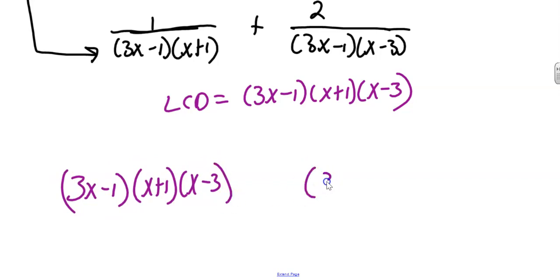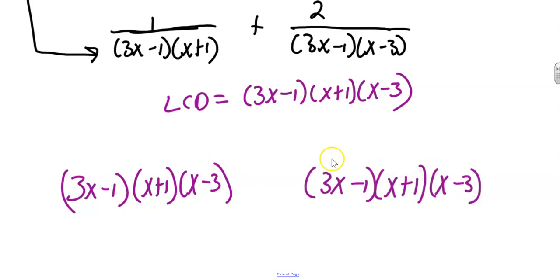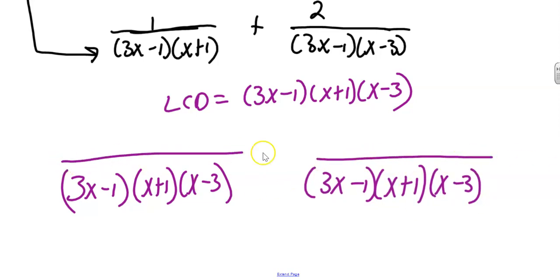So rewriting both of these with a common denominator. Put this here. Okay, so we had the 3x minus 1, we had the x plus 1. The extra thing we put in here was the x minus 3.